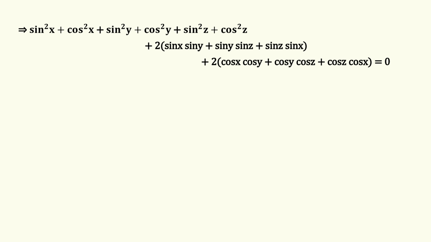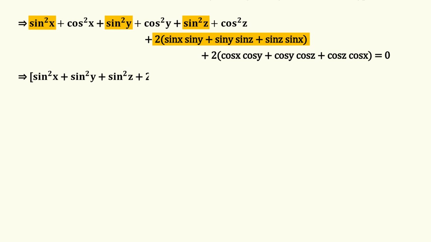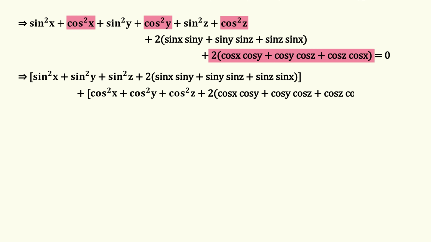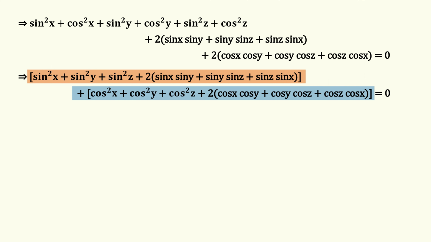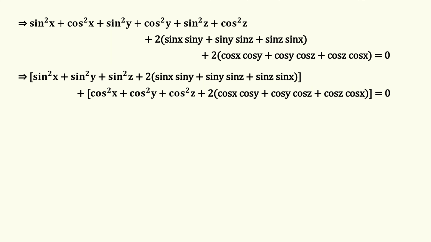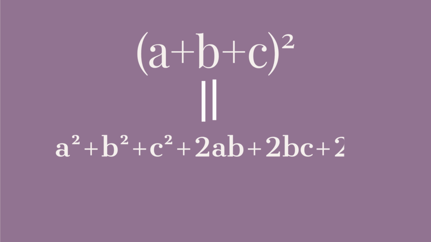Now in this equation, segregate all the sine terms and cos terms. And then in the next step, write all the sine terms together and all the cos terms together. Okay. Now as you can see, both these long expressions of sine and cos are symmetric. Can you find any kind of pattern here? Pattern of any identity or anything else? Let me tell you, by observing the structure of these individual expressions, you will find that we can use here the identity of (a plus b plus c) whole square, which is equal to a square plus b square plus c square plus 2ab plus 2bc plus 2ca.